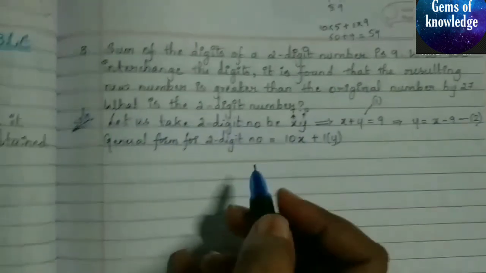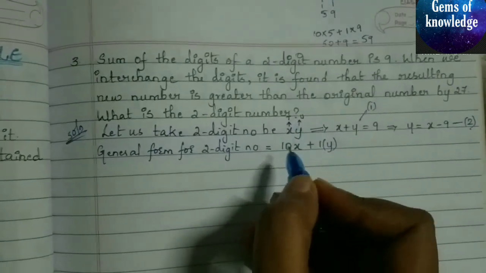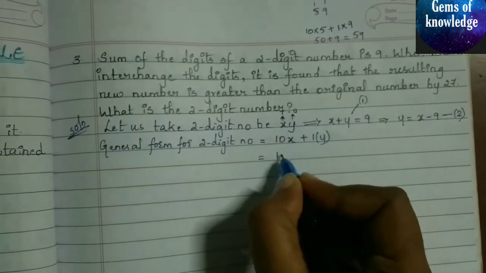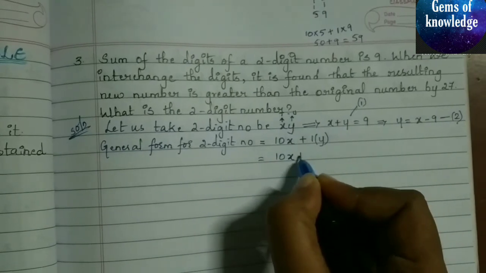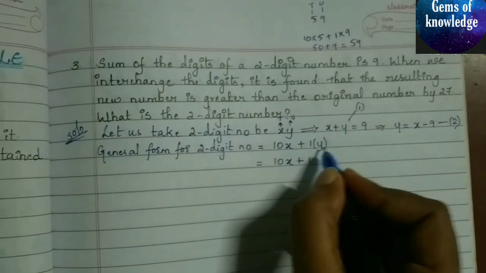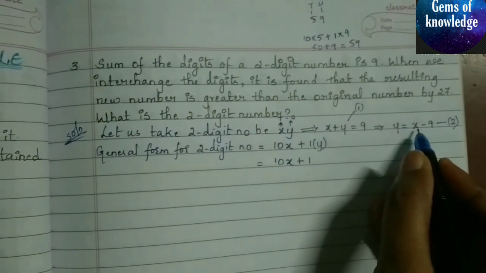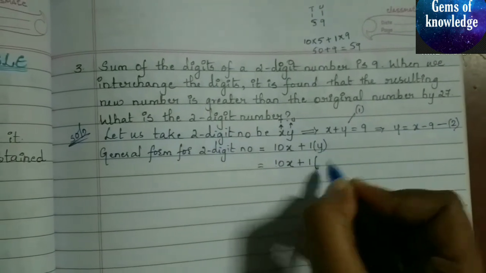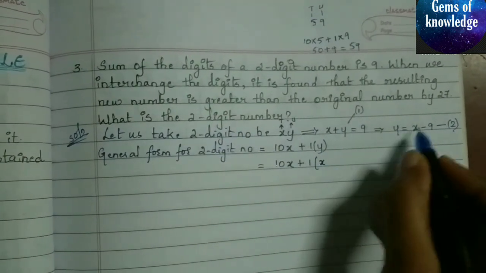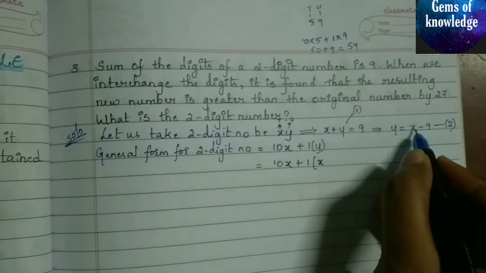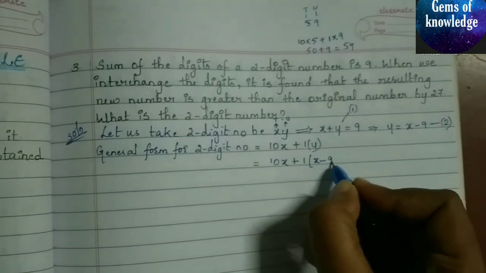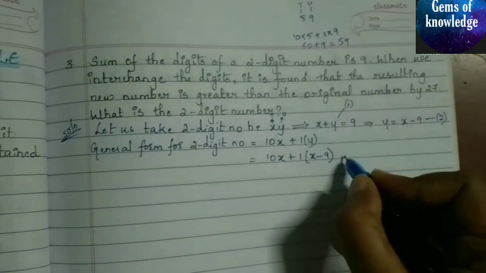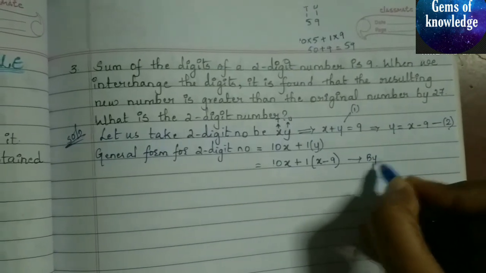Now we have to substitute here. So 10 into x will be as it is, plus 1 into, instead of y we will substitute equation 2. What is our equation 2? In place of y, y is equal to x minus 9. So here we will get x minus 9. Here we write by substituting equation 2.